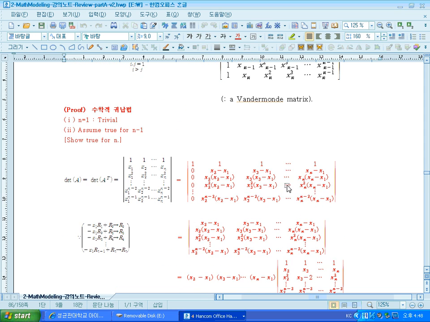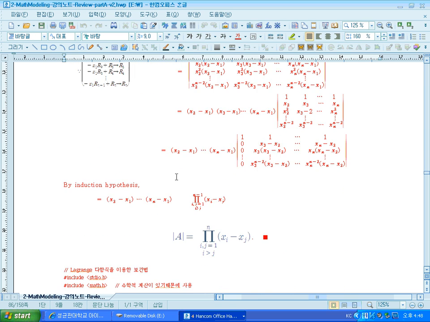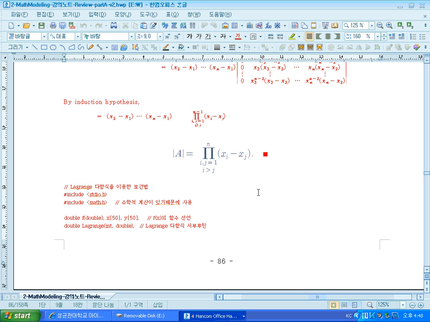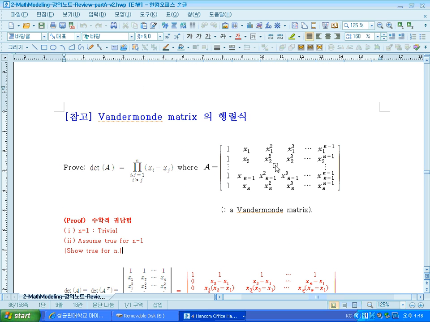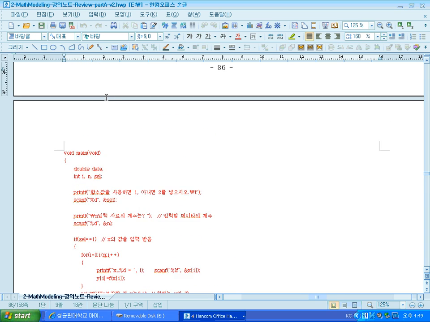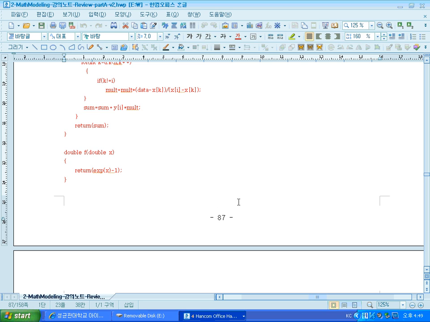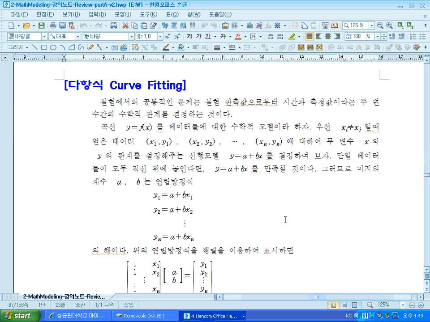What this means is, if we choose x1, x2, x3, up to xn on the x-axis, then this matrix is never 0. So this matrix always has an inverse. We can easily find a way to compute this determinant in various ways.